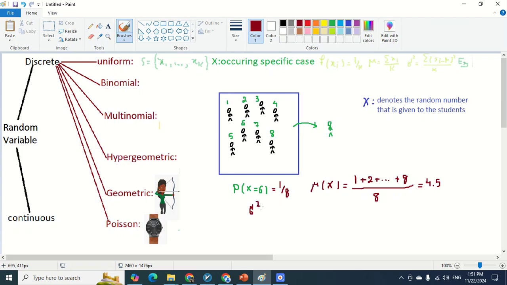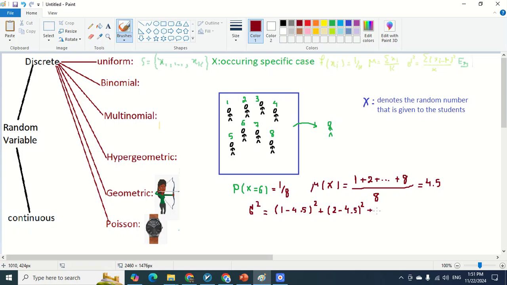And sigma square, or the variance of the data over here, will be the subtraction of each element, for example 1 minus 4.5, from the expected value that we calculated before, squared, and divide that by the number of elements that we have over there. The second one is 2 minus 4.5, squared, and add them together up to the end.